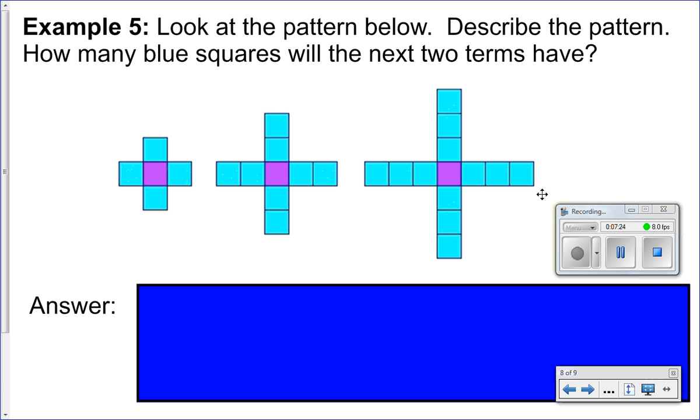You can certainly go ahead and draw the next two terms, or if you feel comfortable, you can write down how many blue squares will be in the next two terms. But either way, whether you're using words or pictures, I do want you to pause the video and try out this problem. We'll take it up tomorrow.